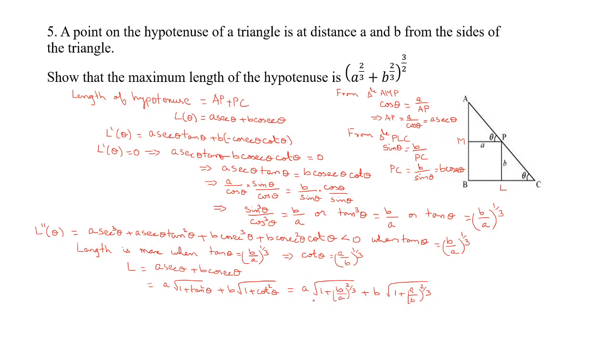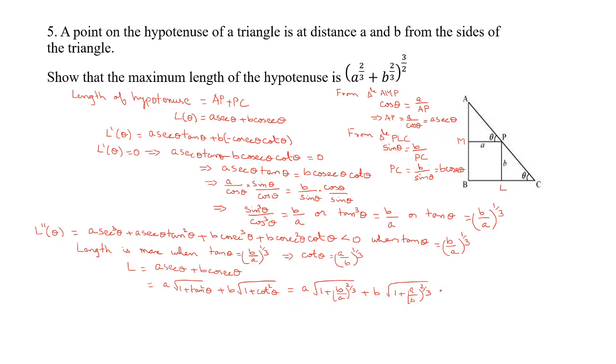So the maximum length is a into square root of 1 plus b by a to the power 2 by 3, then plus b square root of 1 plus a by b to the power 2 by 3.